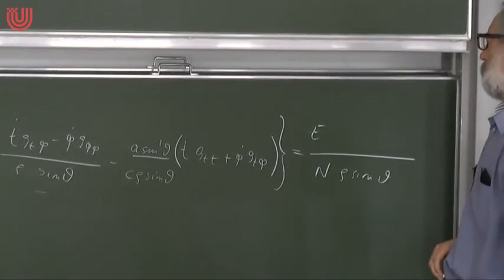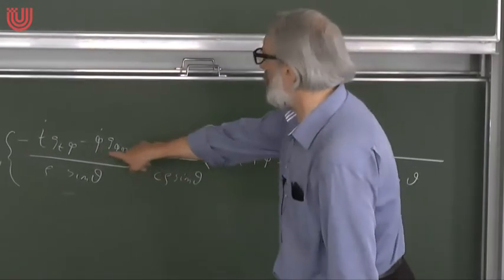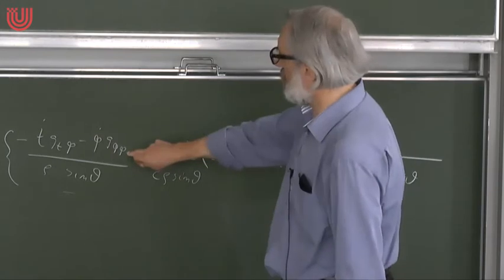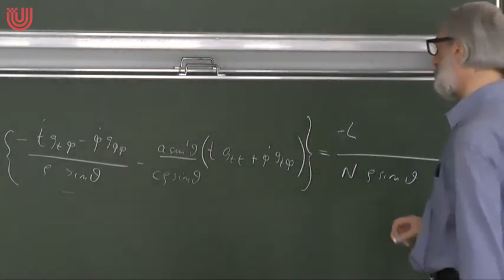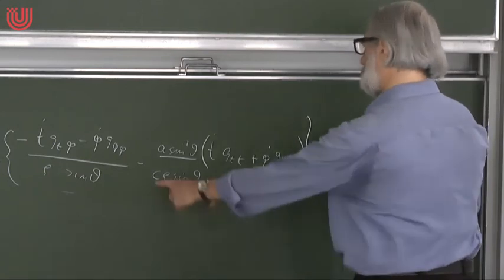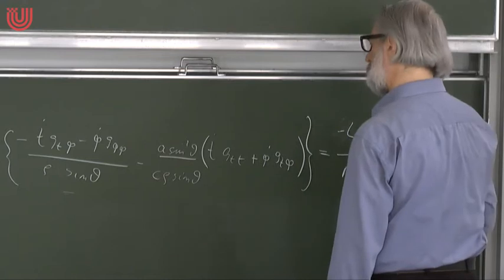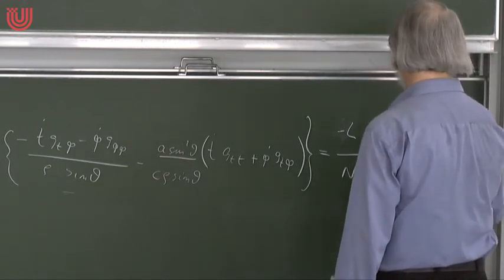And here I have, no, the other way around. Here I have the phi in both things. This is minus L. Sorry, nonsense. This is minus L, derivative with respect to phi. And this is derivative with respect to t. So there's a minus sign, so it is plus E over c times a sine squared theta.